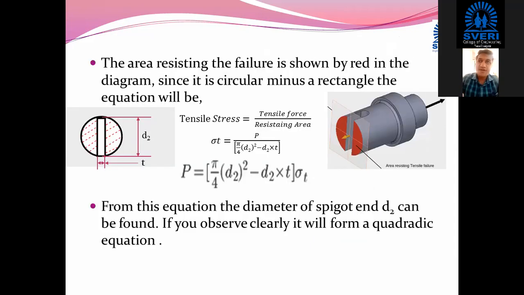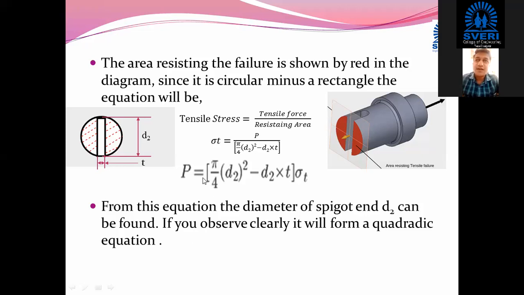So how can we calculate this area? By calculating the total area of this circle minus this rectangular area. Though it is not exactly rectangular because it has a curvature on two sides, we are going to consider it as an approximate rectangle of size d2 multiplied by t.